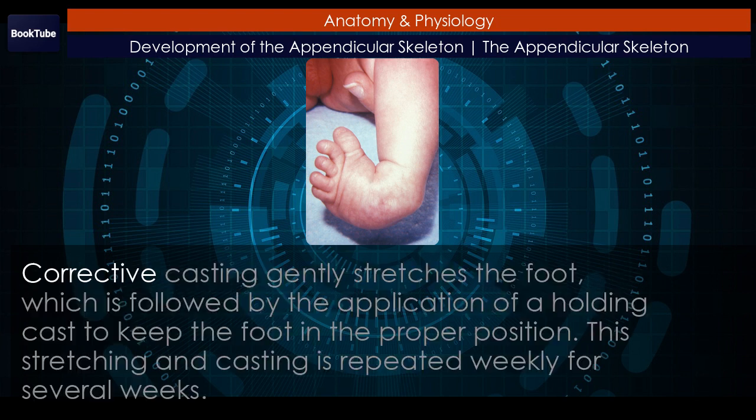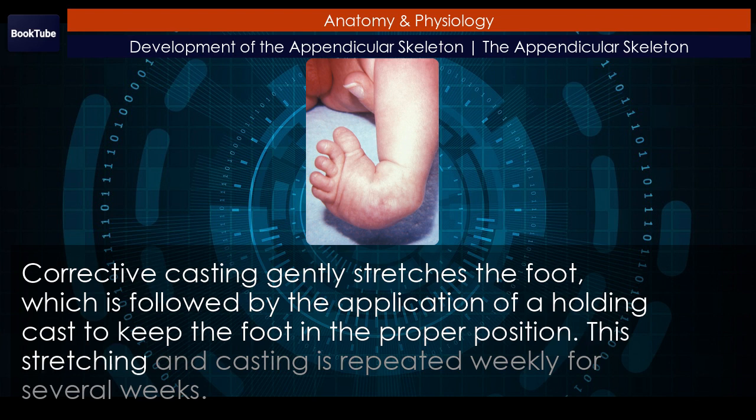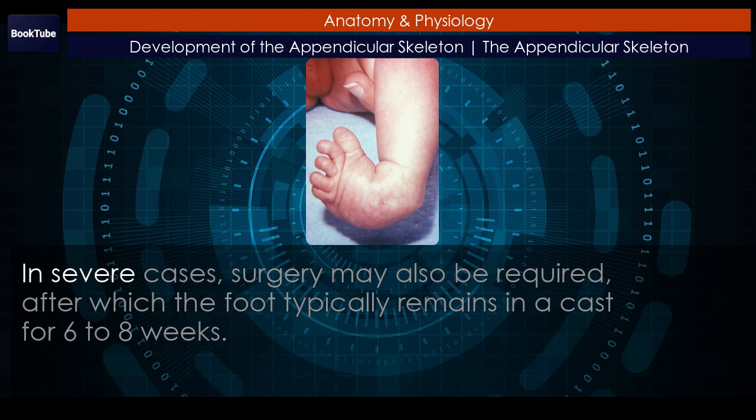After birth, corrective casting gently stretches the foot, which is followed by the application of a holding cast to keep the foot in the proper position. This stretching and casting is repeated weekly for several weeks. In severe cases, surgery may also be required, after which the foot typically remains in a cast for 6 to 8 weeks.